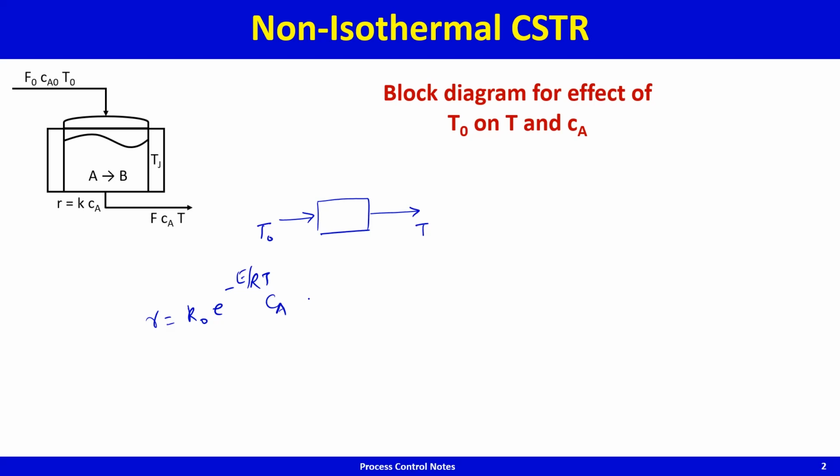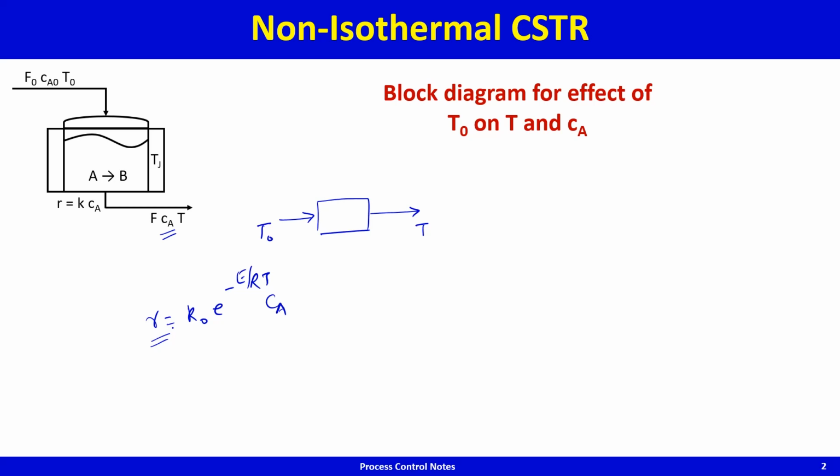If rate of consumption of A changes, Ca will change, and if Ca changes, reaction rate will further change. And if it's an exothermic reaction, that will cause another change in T. You see, so there is this cascading effect.